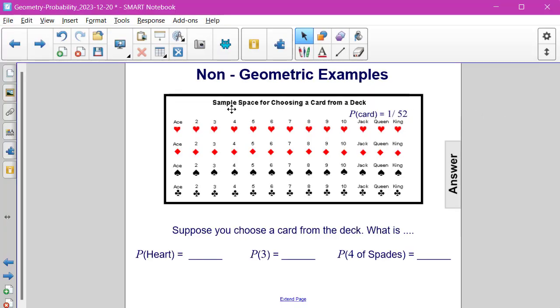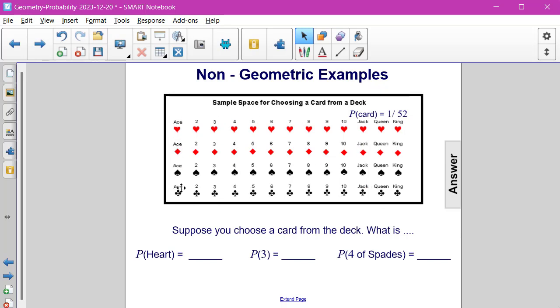Here's another example. Our sample space is choosing a card from a standard deck, and there are 52 cards in a standard deck. There are 13 cards in each suit, so there are 13 hearts, 13 diamonds, 13 spades, and 13 clubs, and there are 4 of each numbered card or face card.